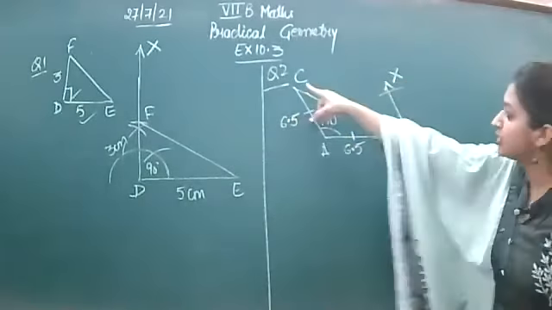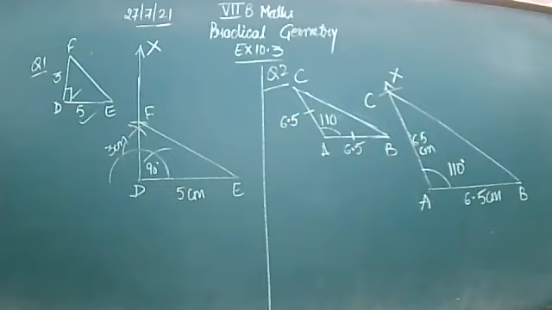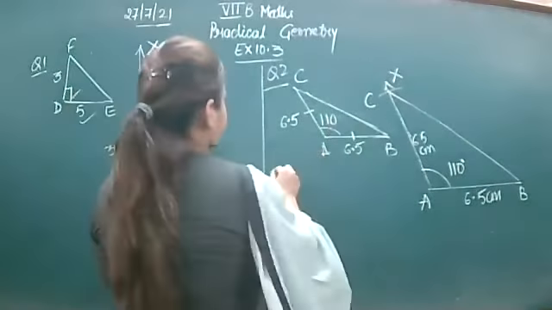Is this clear? Any doubt? Write the steps. Draw AB equal to 6.5 centimeters. Second point, draw angle A equal to 110 degrees with the help of protractor. You will write like this.